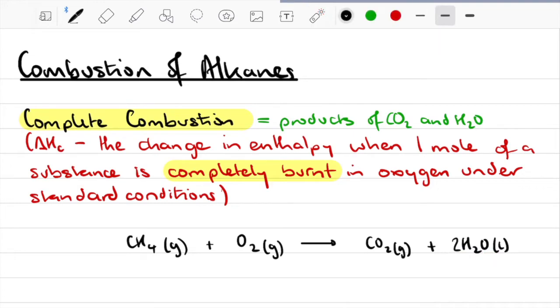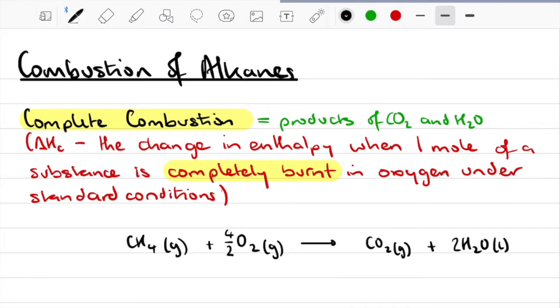Whilst this is going to look a bit daft, and obviously is not what you would write for your final answer, whatever number of oxygens you add up, so 2 and 2 is 4, you can write that as a fraction. You write whatever that number is over 2, and that is your correct number of oxygens.